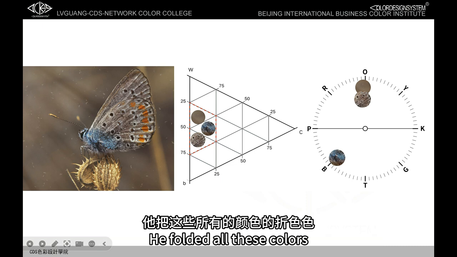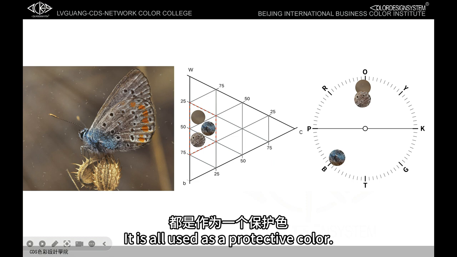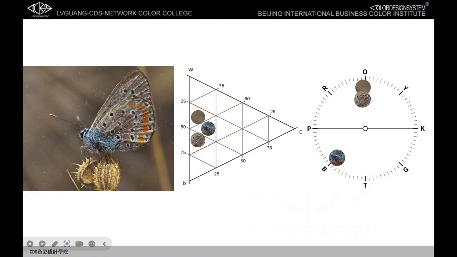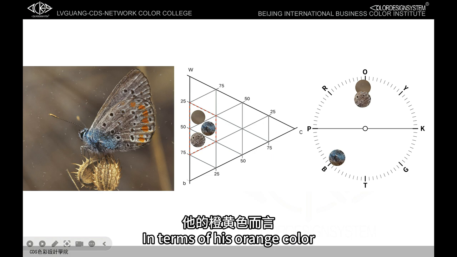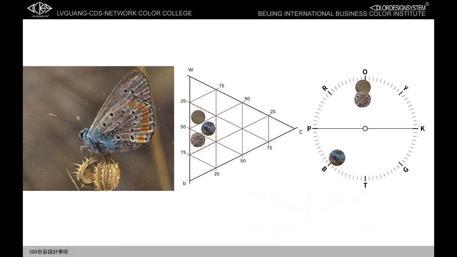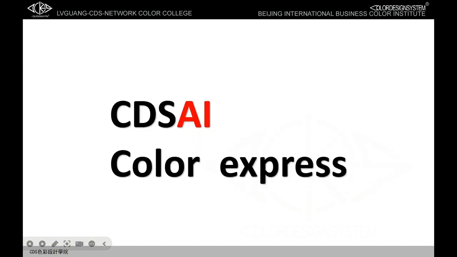It folded all these colors and uses them as a protective color. So its color is gray. And in terms of its orange color, I don't think its colors will be very bright either. It should not exceed the scope of our District 5.